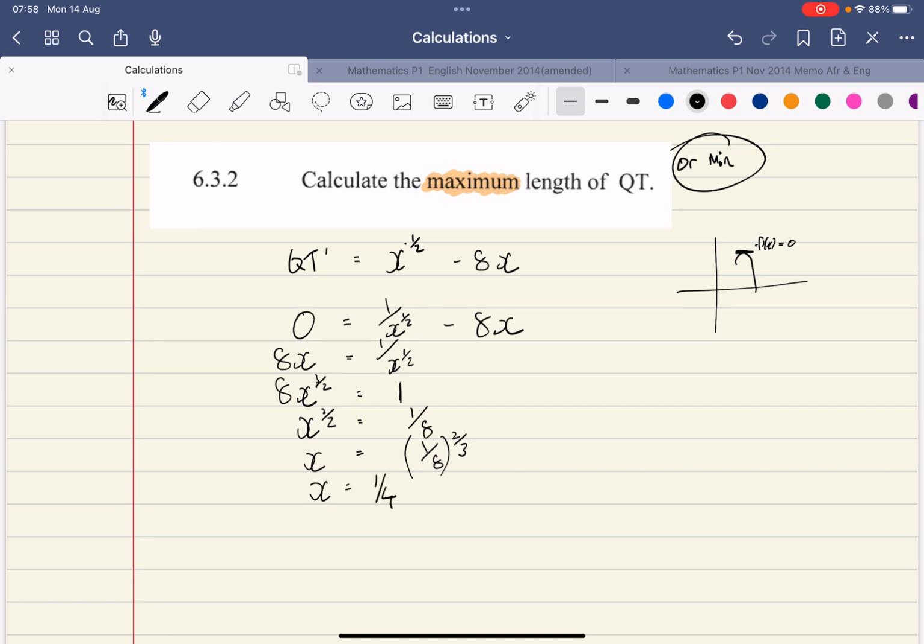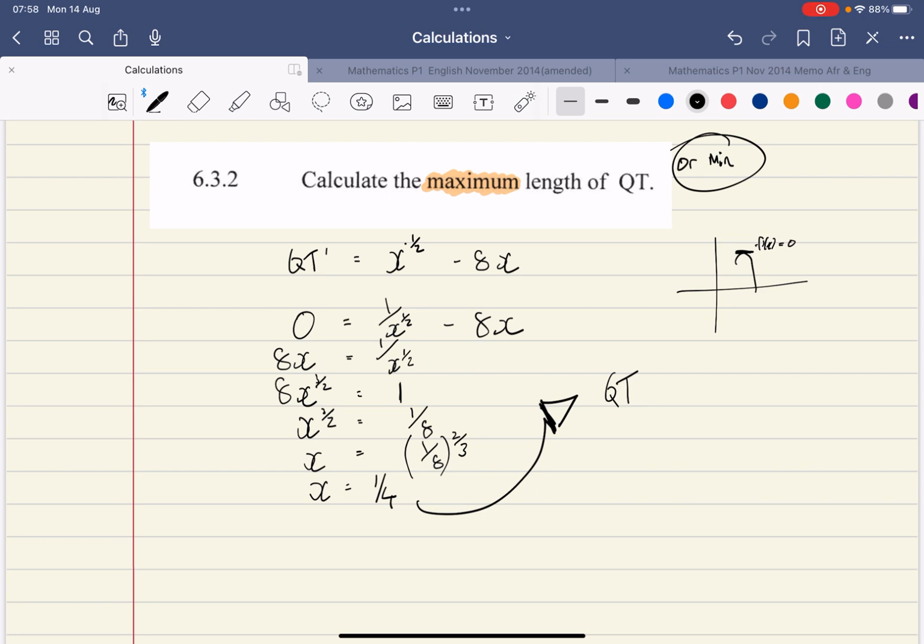All right, fantastic. Now you might be wondering, okay, what do I do with this? This is where our function is at a local maximum at x equal to a quarter. What we do now is plug this value back into our QT because we want to find the value of QT, which is the length, where it is at a maximum.